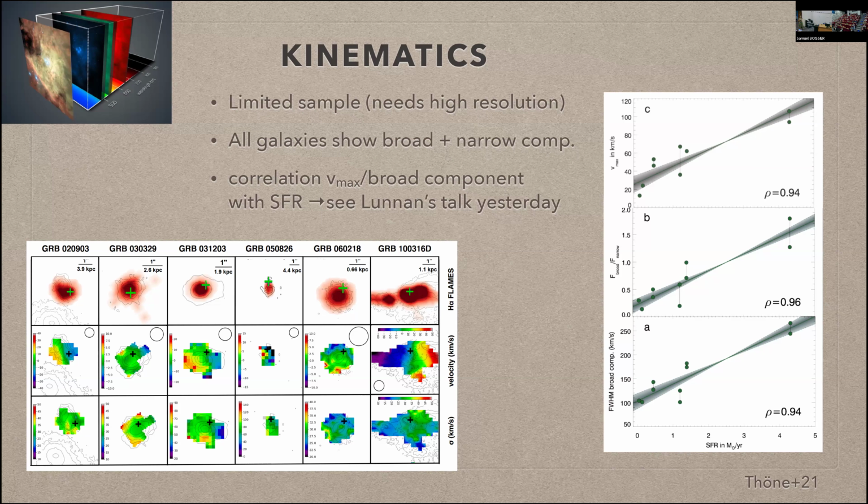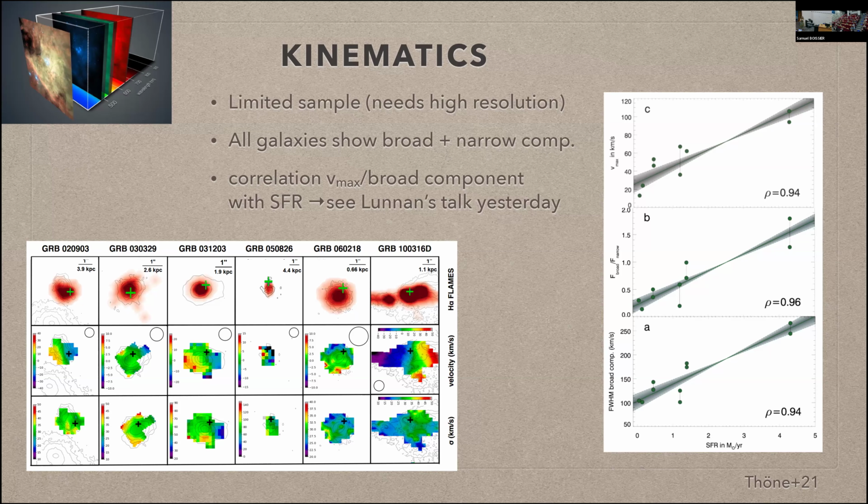This is the only sample that we have of high spectral resolution and high spatial resolution gamma-ray burst host galaxies, taken with FLAMES, which otherwise is unfortunately a dreadful spectrograph, and it doesn't exist anymore. It was decommissioned, probably for a reason. But you can actually do line profiles, which is something you cannot do very often.